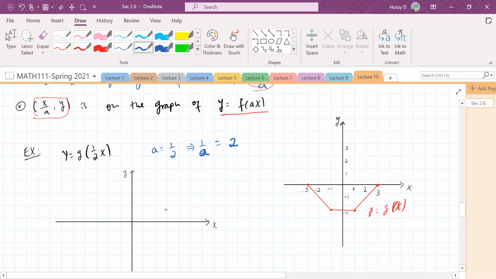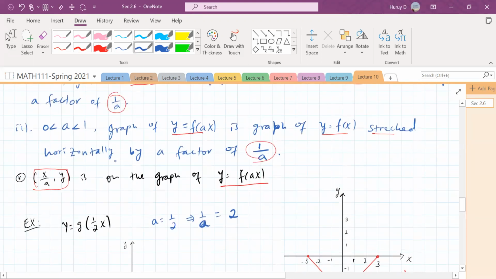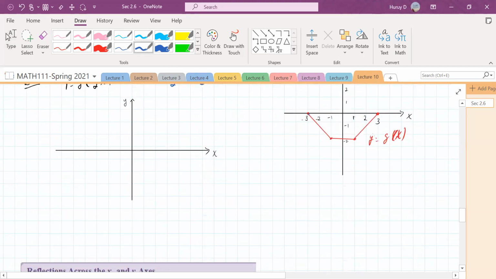Okay. Therefore, let's consider this point, -3 comma 0. And what did we say here? x over a comma y is on the graph, right? So in this case, my x is -3.